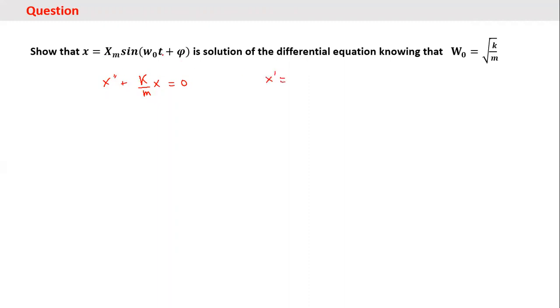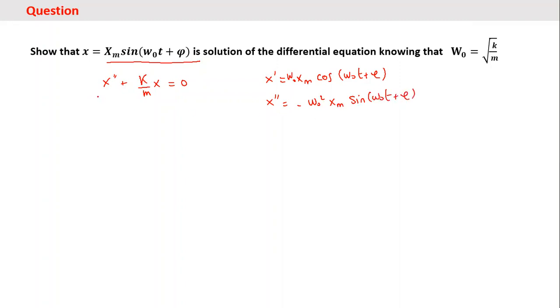So x prime, we do a derivative of xm sine, and we get xm omega 0 cosine omega 0 t plus phi. As for the second derivative, the derivative of the cosine is minus sine, so we get minus omega 0 squared xm sine omega 0 t plus phi.